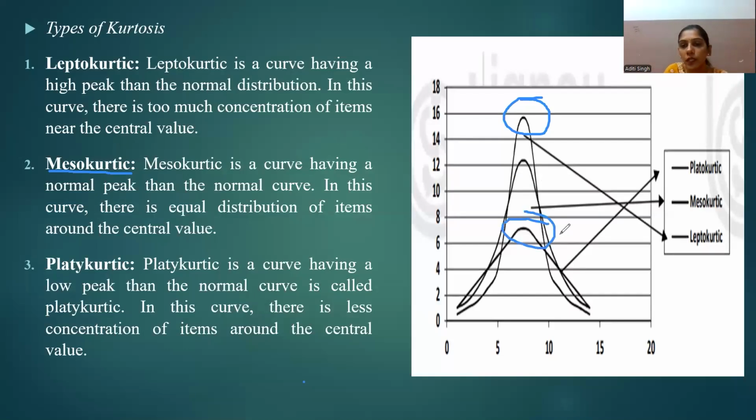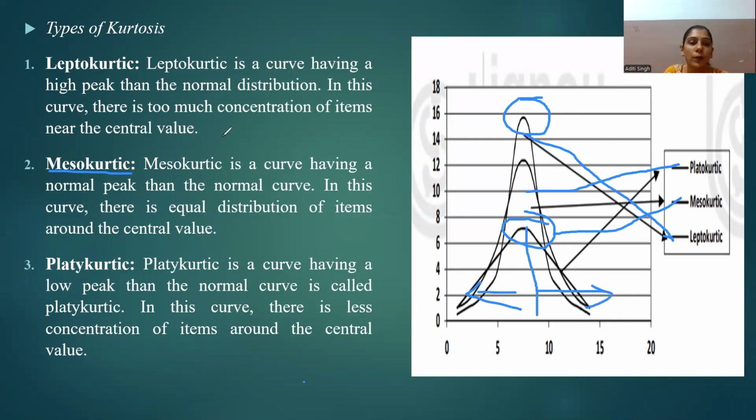So this is mesokurtic, and this is platykurtic, sorry, this is leptokurtic and this is platykurtic. In mesokurtic, there is an equal distribution of items around the central value.